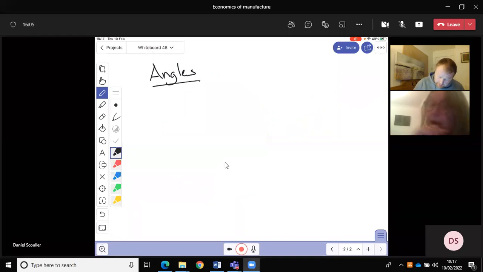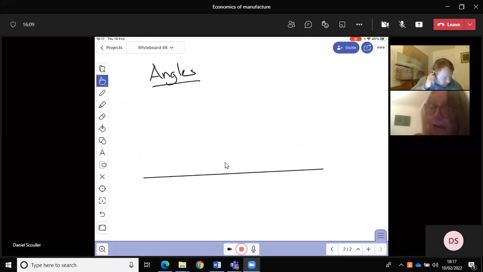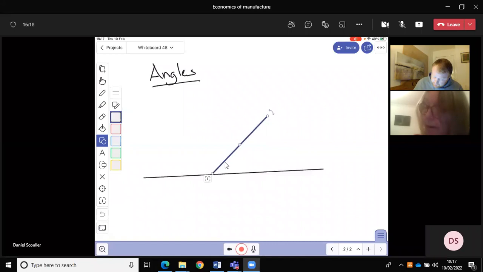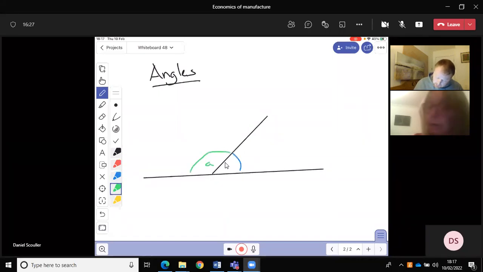We have a horizontal line, and we have some sort of line coming away from it. That angle in there, just that angle in there, angle A and angle B.